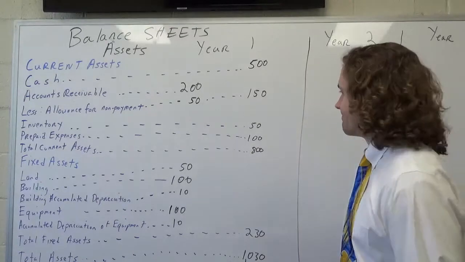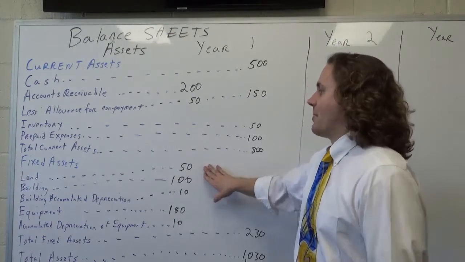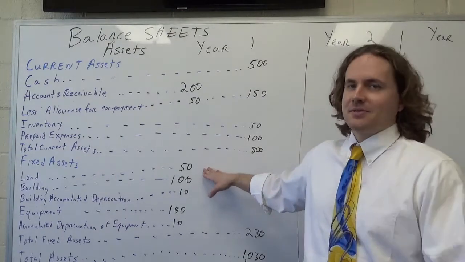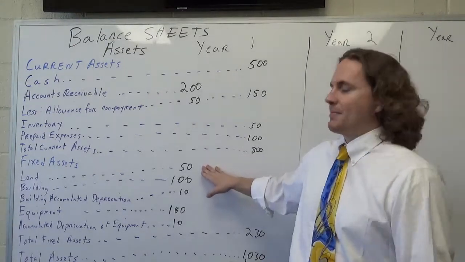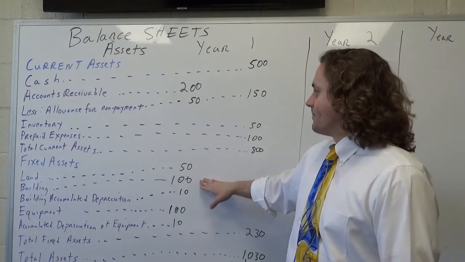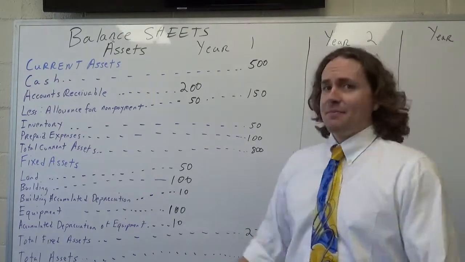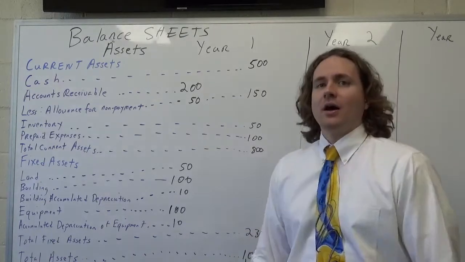Okay? Then you look at your fixed assets. Let's say I'm using my parents' driveway for my lemonade stand, and that's worth about $50. Okay, I paid $50 for the privilege of using my parents' driveway, hypothetically. And let's say the building itself, you're looking at maybe a roof or an overhang that I've used for my lemonade stand. Let's say that's worth about $100.